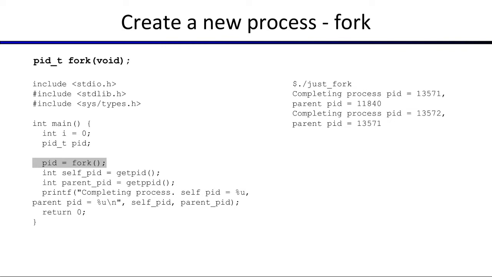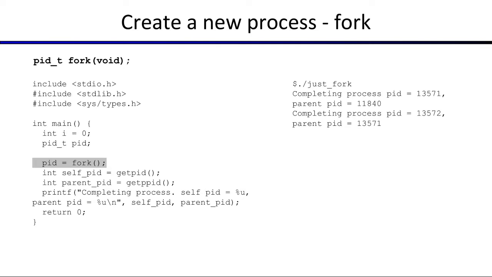How can you tell which is which? There are system calls getpid and getppid for parent PID, and I just use those 2 to print the PIDs. In the first line, the process's PID is 13571, the parent PID is 11840.